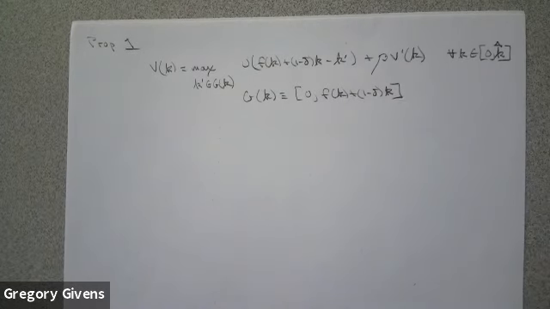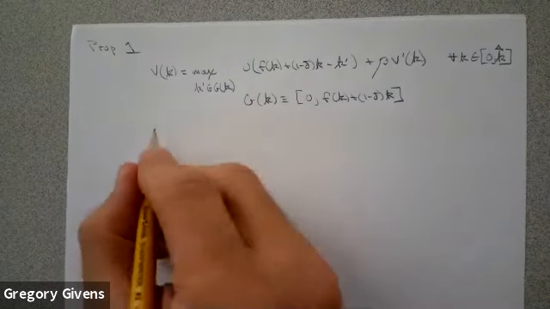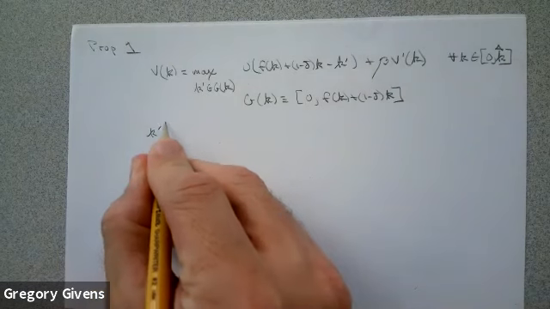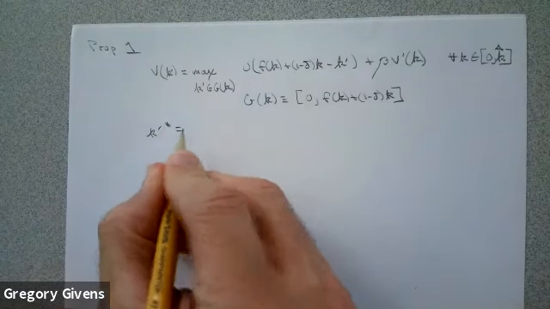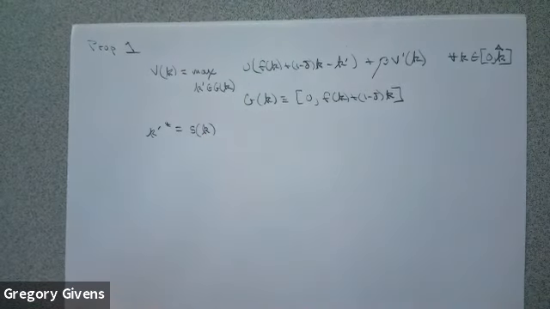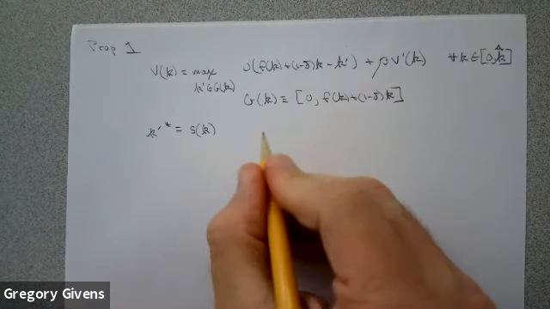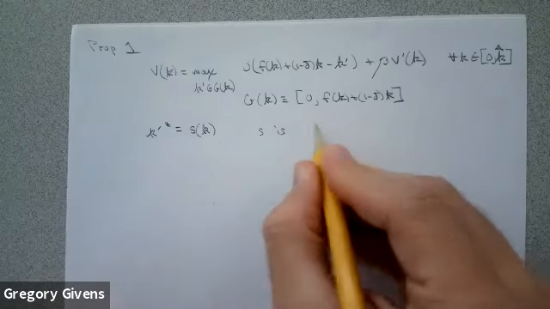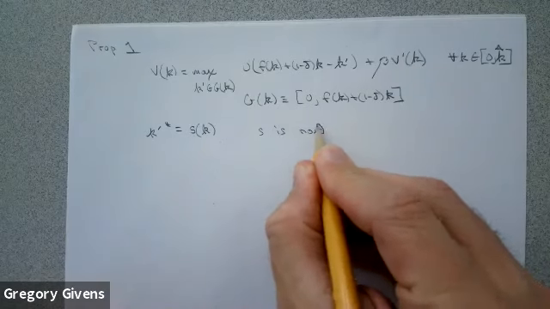The only thing we technically haven't shown in proposition 1 is this idea that s of k, so the optimal value of k prime, is going to be given by some time invariant policy function s of k, where s is non-decreasing.